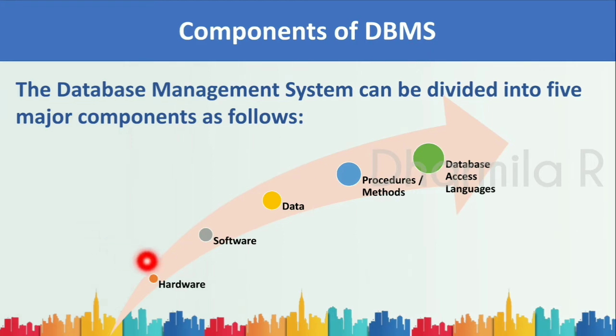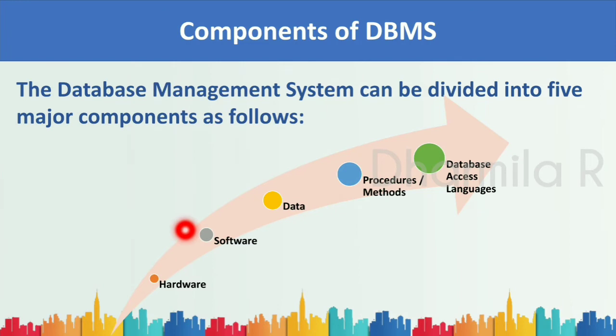So let's learn about hardware. The physical component which you can touch and feel is actually called hardware. The computer, hard disk, I/O channel for data and any other physical component involved in storage of data is called hardware. And the next one is software.